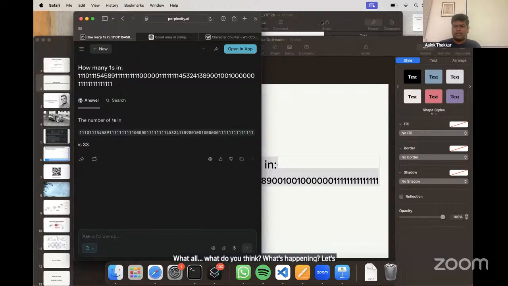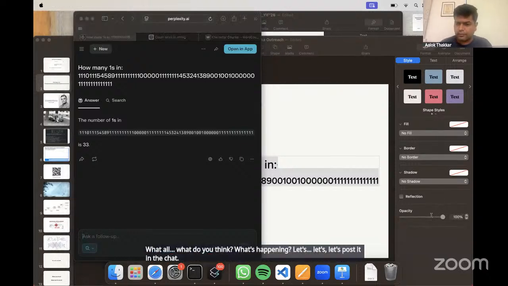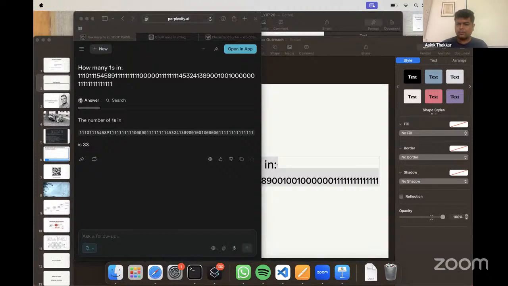Let's post it in the chat. Karishma says that when ChatGPT was asked, yes, they fixed that error with strawberry, but why is it getting this small prompt wrong? How many ones are there in the string? Did you all try it?